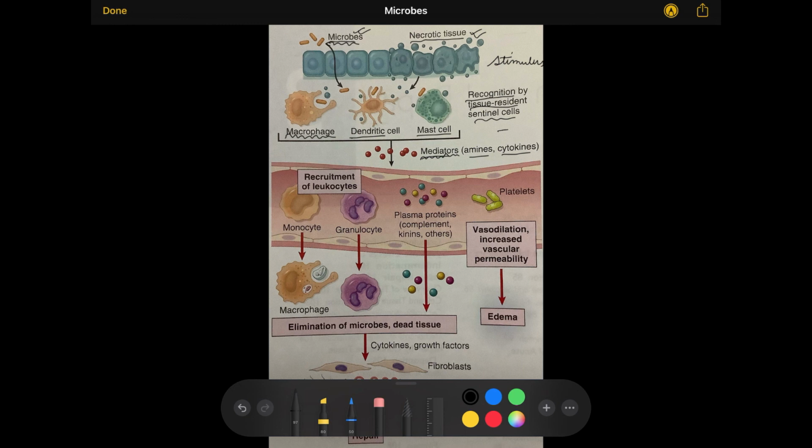Okay. So in that we see that there is recruitment of the leukocytes. The leukocytes are the major host defense component which will bring about the offending agent removal and thus bring about the inflammation process. So they need to be recruited, they need to be brought to the site, right?